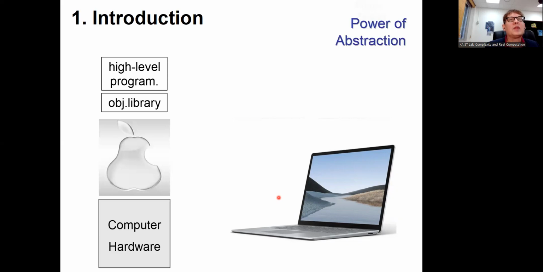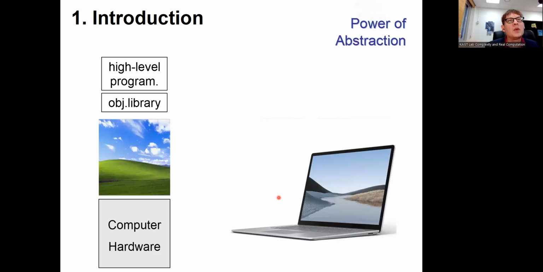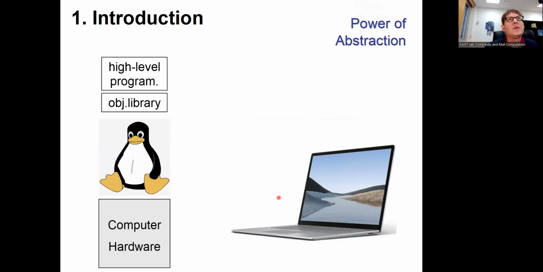For example, we could also replace operating systems. We could use this operating system, or this operating system, to write in a high-level programming language like Java. So that's arguably even the purpose of Java, right? To be able to write code not only for different computer hardware, but even higher up the hierarchy of abstraction, also for different operating systems.